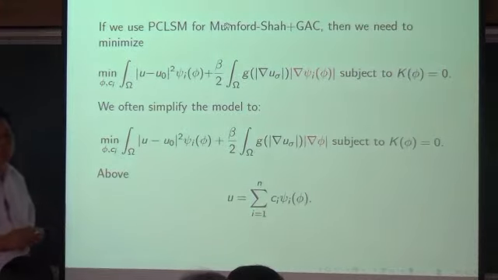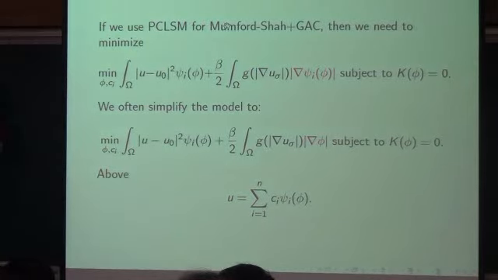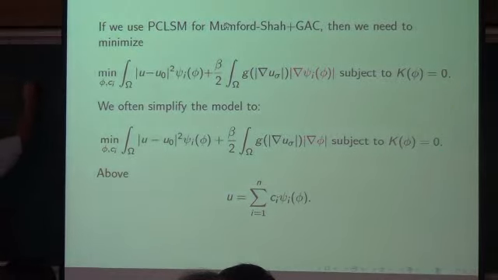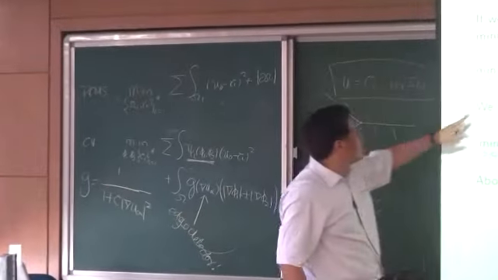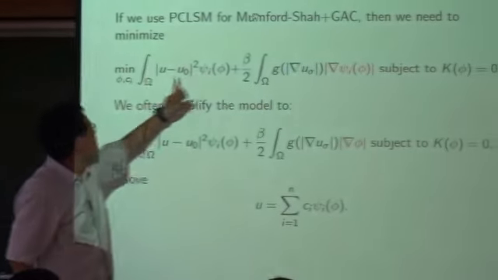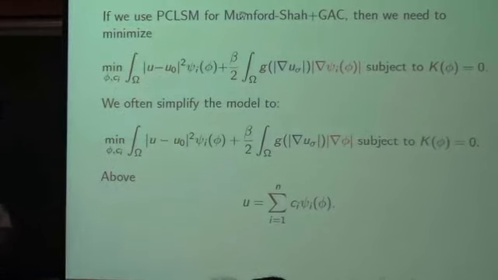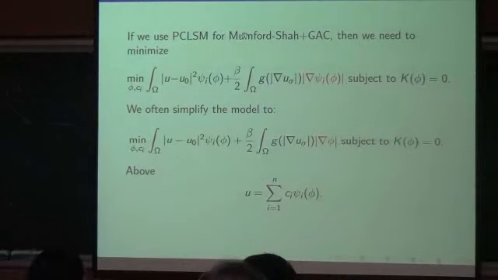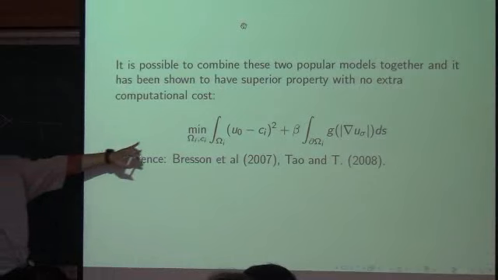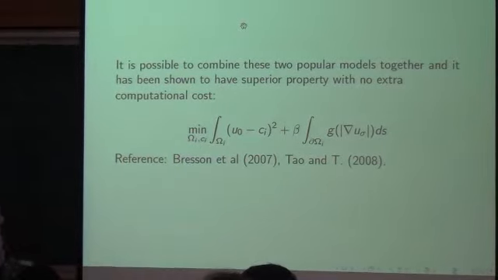This u equals Ci in omega I. Therefore, you see here, psi I equals 1 in omega I, so u reduces to Ci. So exactly this term reduces to this term.